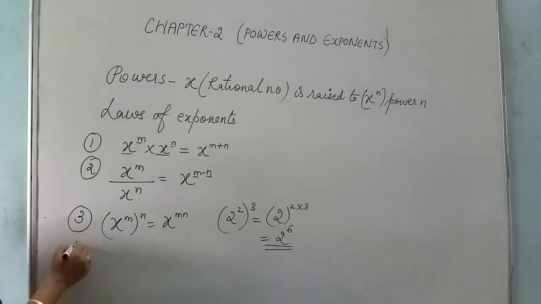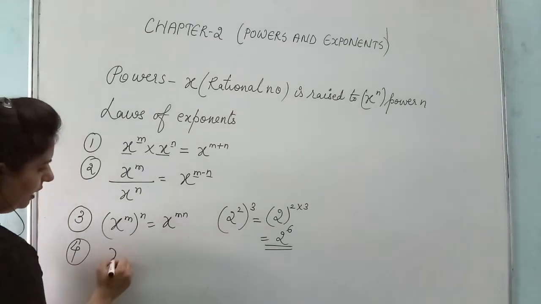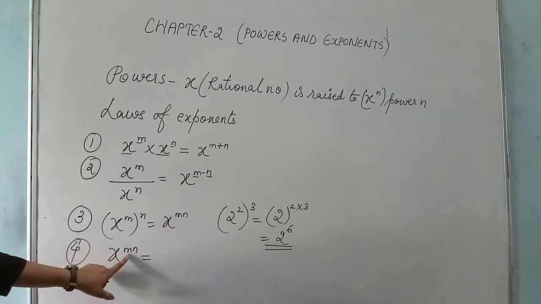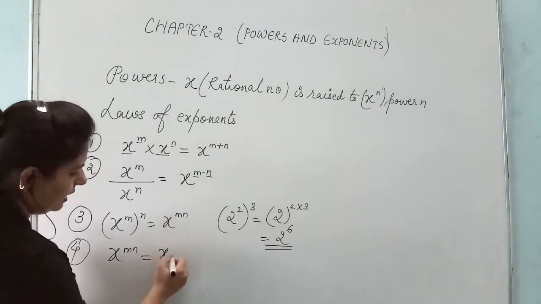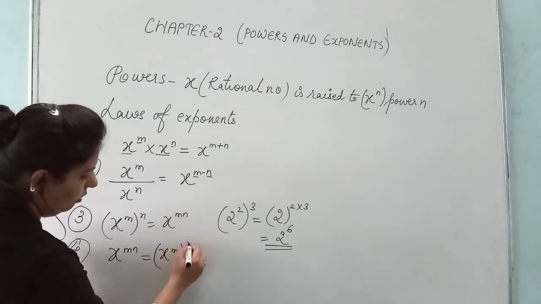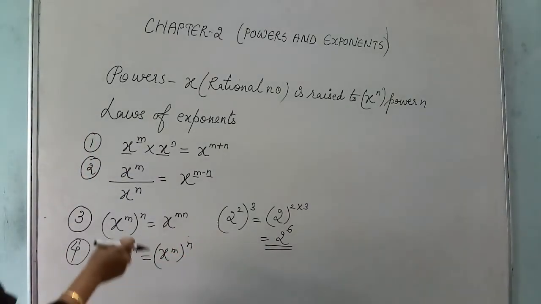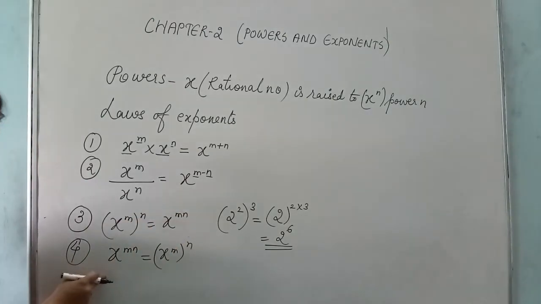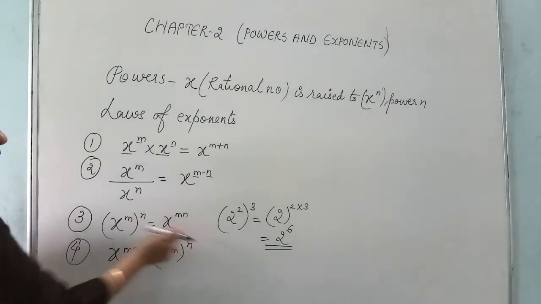Now similarly, what is another form of this? If it is given x raised to the power mn, we can write it as x raised to the power m whole power n. First we have split, here we have combined both, and in the next formula we have split both. Okay.